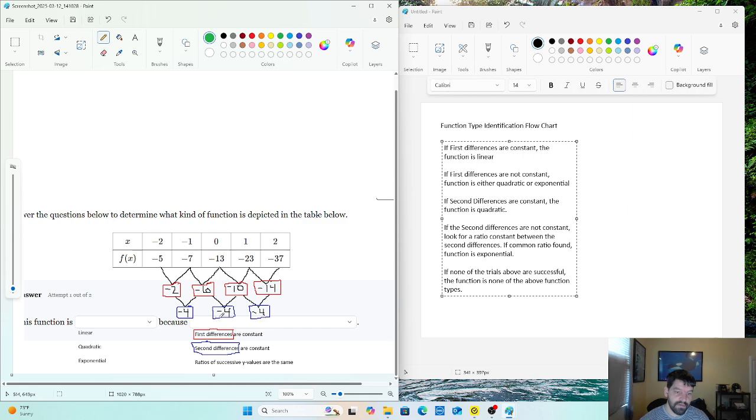So if you had -12 here and -4, you can divide -12 by -4 and you can get 3. Sometimes doing the division and working backwards can help you instead of trying to figure out the multiplicative going in the forward direction. But the final answer for this question is going to be that this is a quadratic.